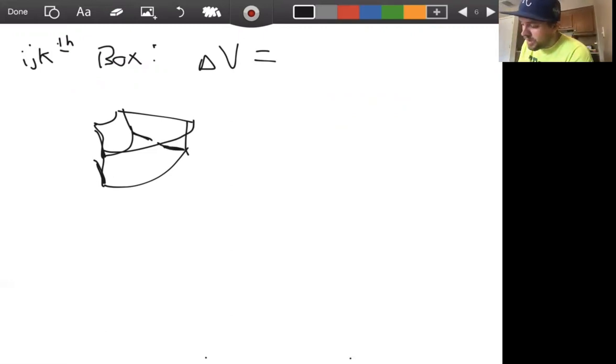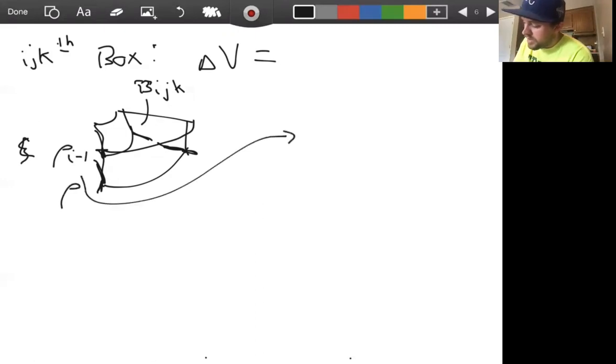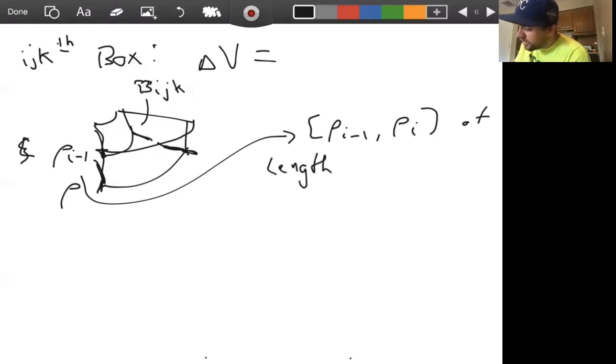And the ij kth box here, which we'll call b ijk, is between row values, row i minus 1 out to row i. And so our row interval, this length, is row i minus 1 to row i, of length delta rho.